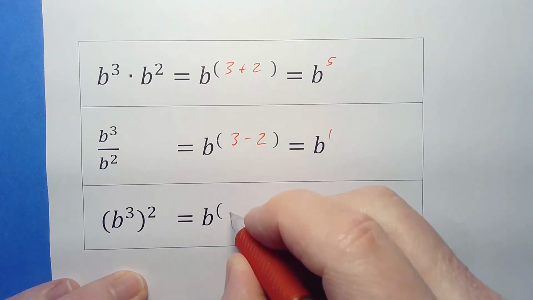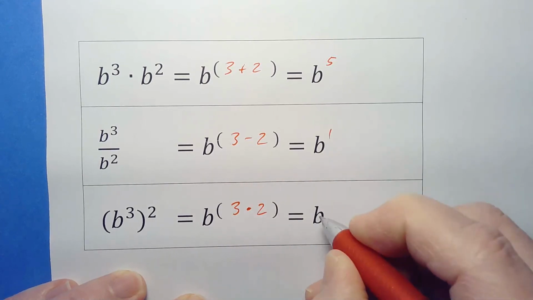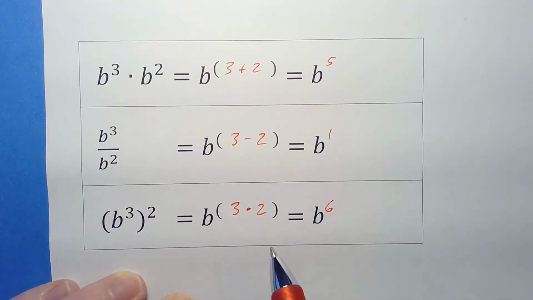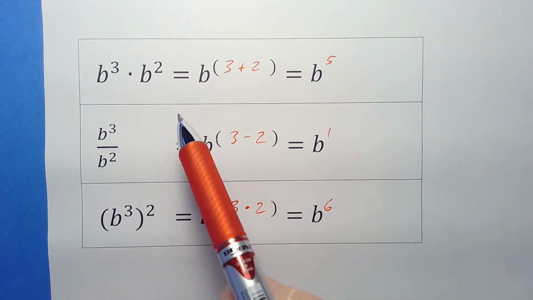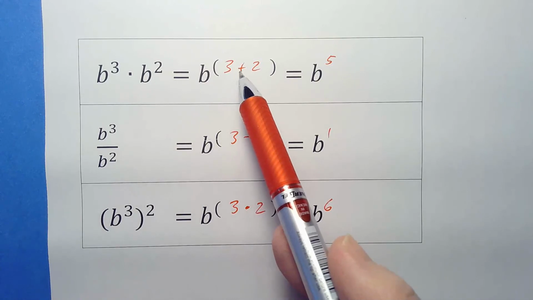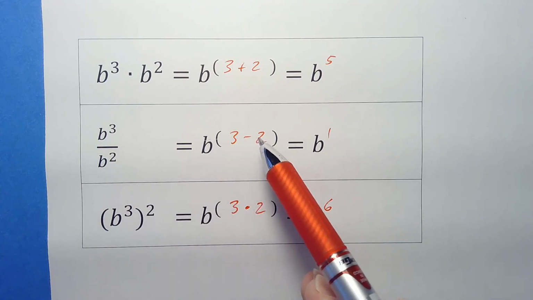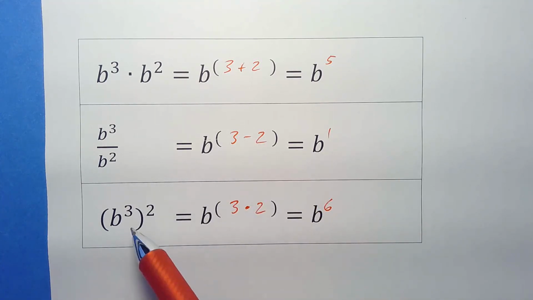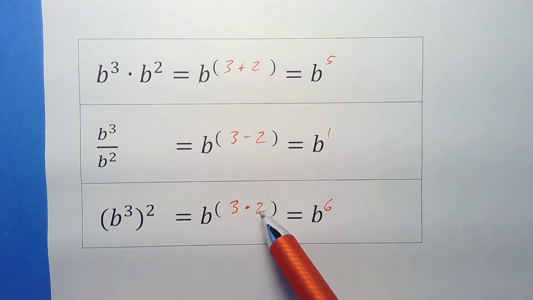So in other words, this time I'm saying 3 times 2, b to the 6th. It's almost like we're going down a level in what we're doing. Here, I'm multiplying the powers, which means I add the exponents. I'm dividing the powers, so I'm subtracting the exponents. I'm doing a power of a power, and I multiply the exponents.